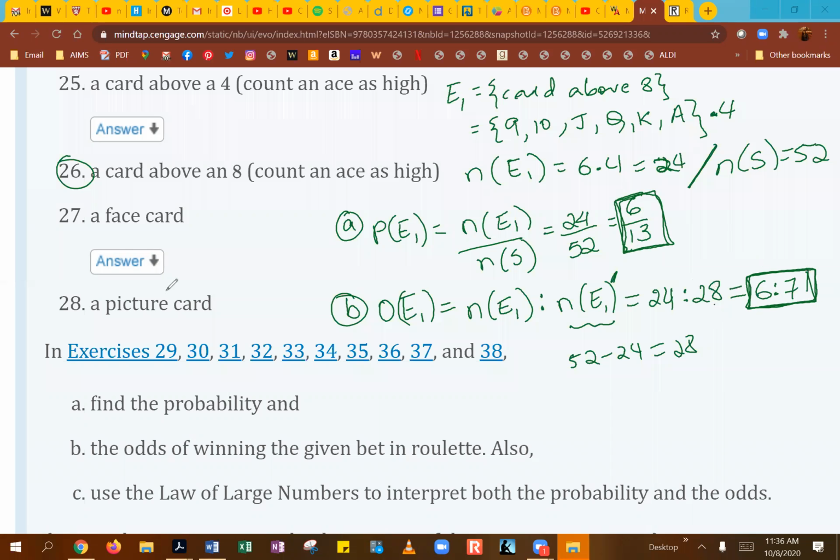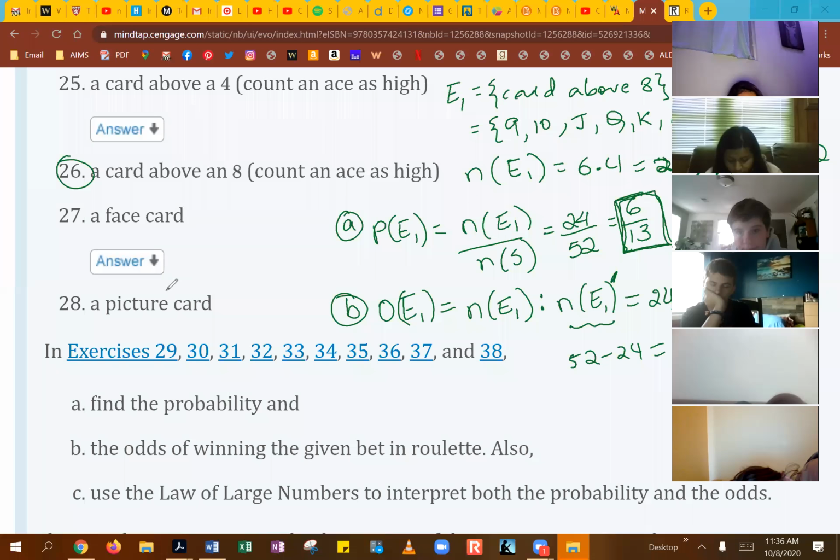And then, of course, they talked about the law of large numbers over here. So what do you think will happen if we try to apply the law of large numbers over here? Do you think our relative frequency would be closer to the probability we came up with, 6/13?